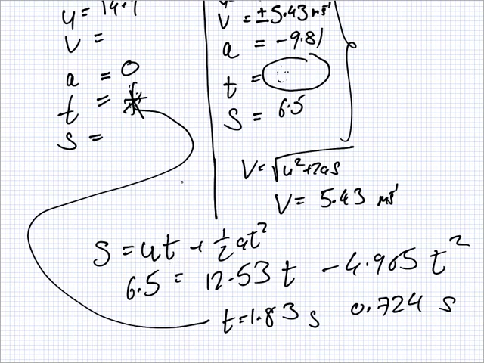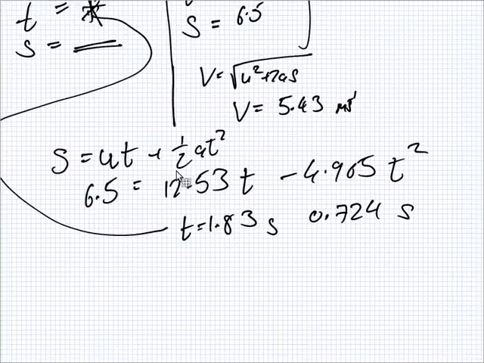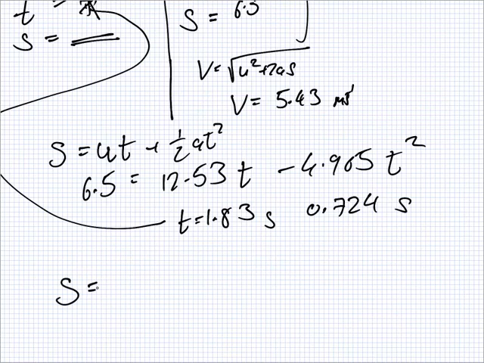What formula should we use to get the S here, the horizontal S? S equals UT plus a half AT squared. What's the A? Yeah, so it's just UT. Here are the two times.